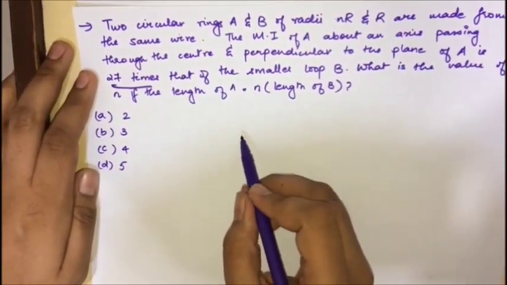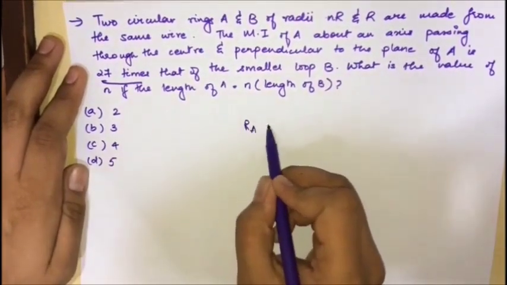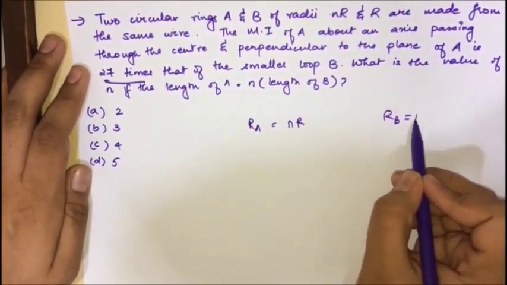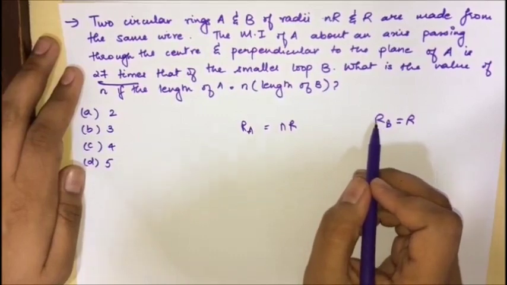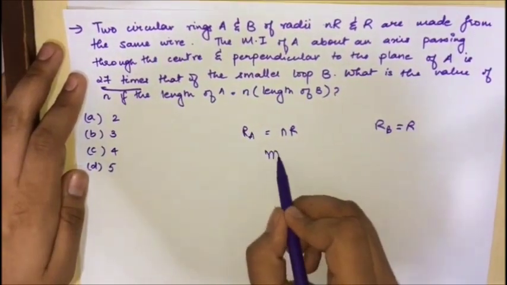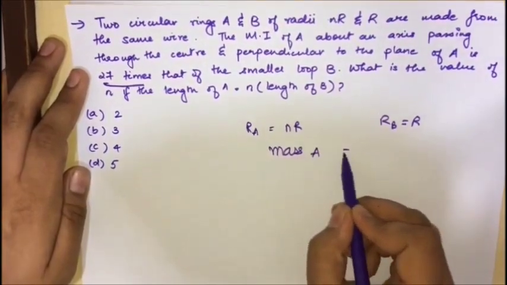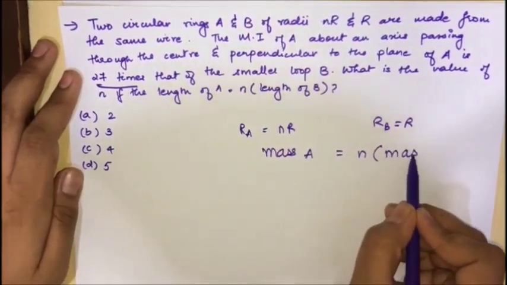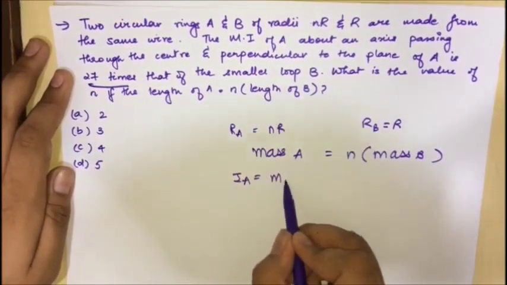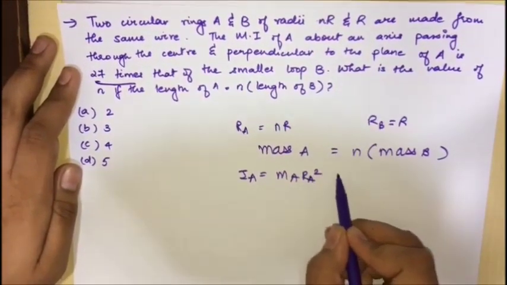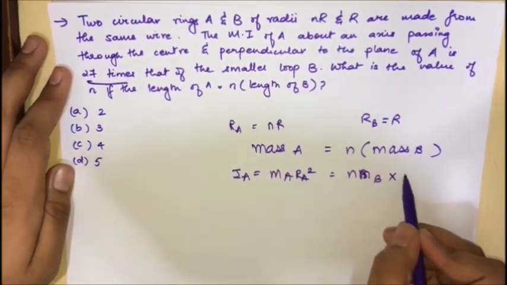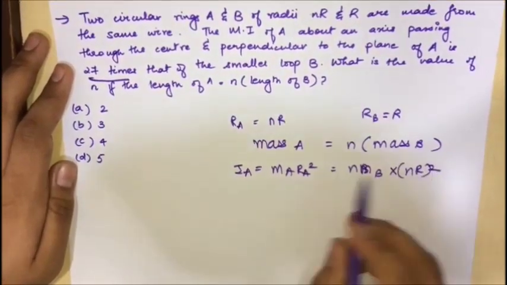For A, RA is equal to NR. For B, RB is equal to R. Length of A is equal to N times length of B. Since the wires are of the same material, mass of A is equal to N times mass of B. So IA is equal to MA RA square, which is equal to N into MB into NR square.